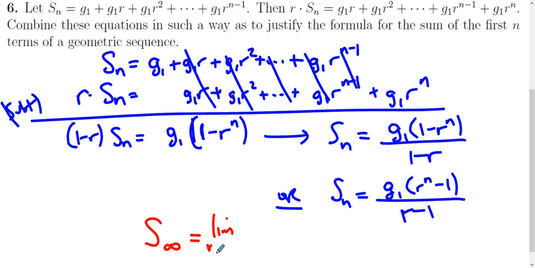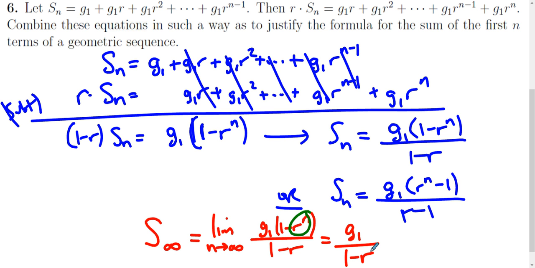So when we take the limit as n approaches infinity of this, the g1 is fine, the 1 minus r is fine. It's what happens to this part. And because r is a fraction whose absolute value is less than 1, raising it to higher and higher powers brings this green circled part closer and closer to 0, and 1 minus 0, that's just 1, and that's why we take the first term over 1 minus r.